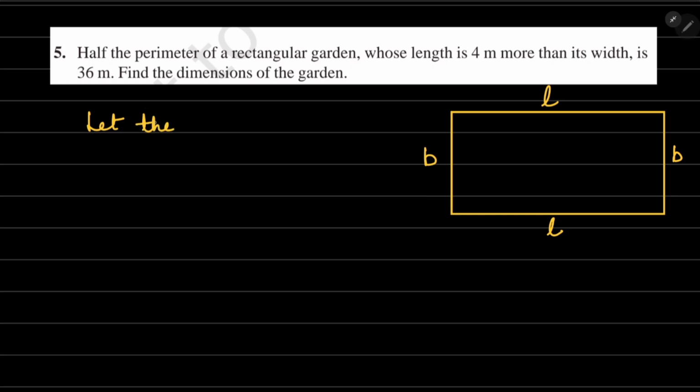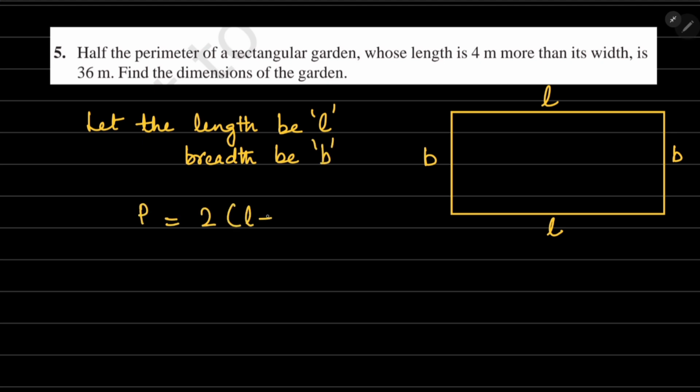So let the length of the garden be L and the width or the breadth of the rectangular garden be B. What is your perimeter formula? 2 multiplied by L plus B. It's 2L plus 2B. So 2 multiplied by L plus B. What is given?